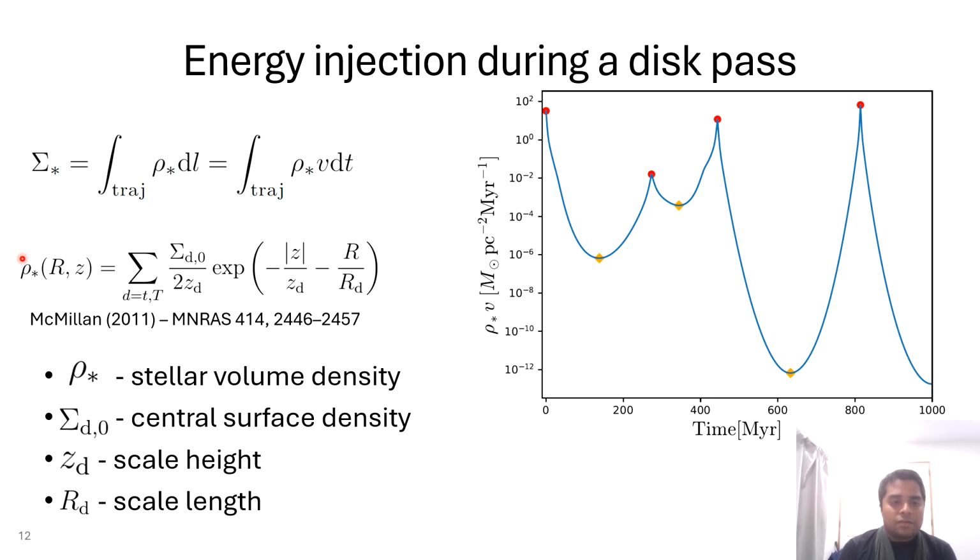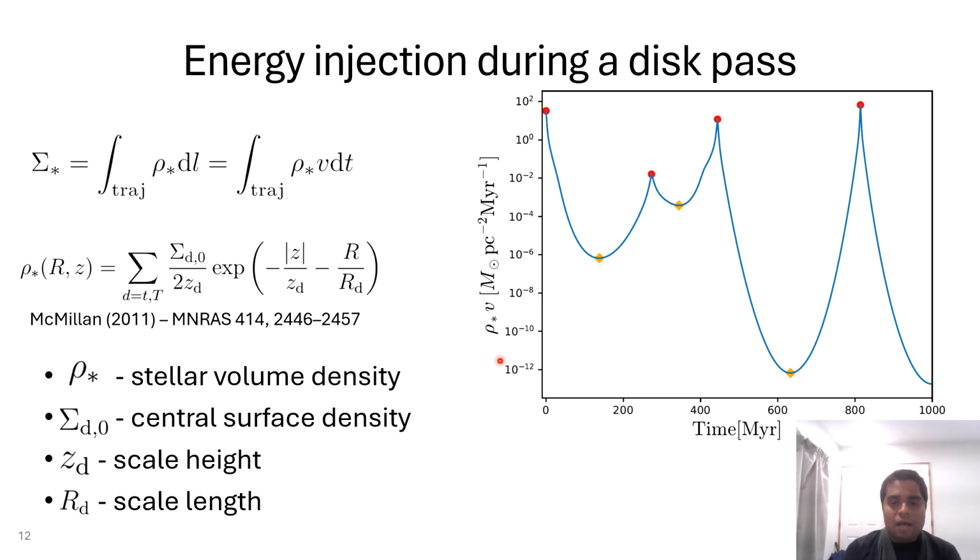Now we take the stellar volume density and we integrate it along a single length dimension along the trajectory of the mini-halo to give rise to the stellar surface density. In the second equality, I have converted dl to v dt. So now we have an integral with respect to time, and the integrand is rho star v.